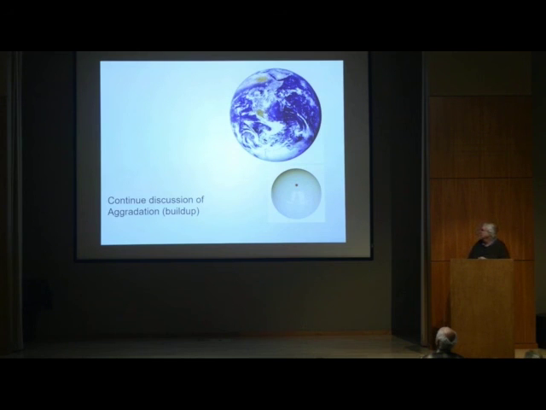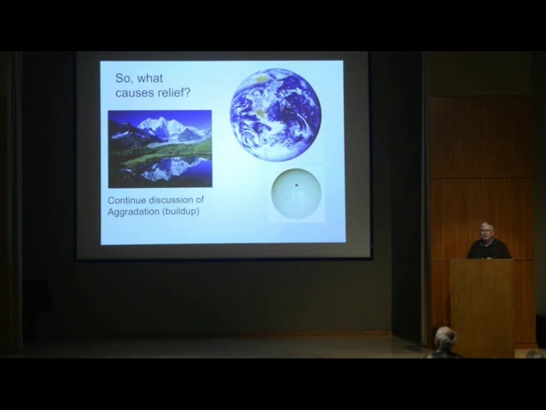Because the high elevations, the mountains, would be worn down by the action of the weather. The low areas would be filled in by sediment, so the ocean beds would be filled in. And so eventually, with the passage of time, the Earth would look completely smooth, if this were all that were going on. But the rest of the story, of course, is that it is not all that's going on.